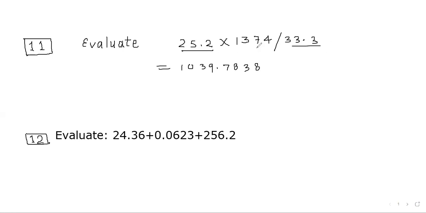Here 3, here 3, here 4. So 3. So our answer could be given in terms of 3 significant figures. So we have to leave these digits. So it will become 1040.